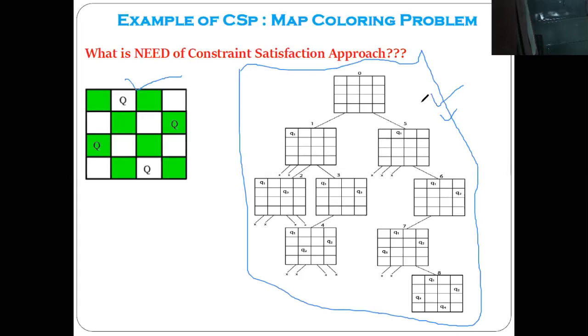If you don't use the constraint satisfaction approach, will the tree formed after solving this particular problem be the same as this, or different?